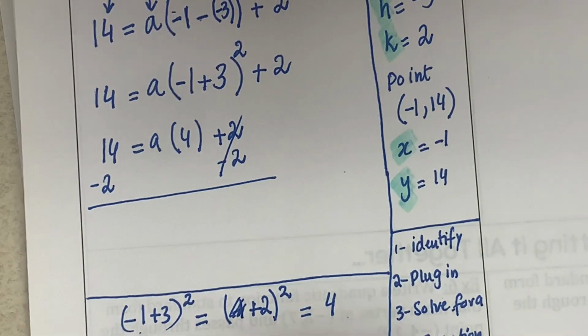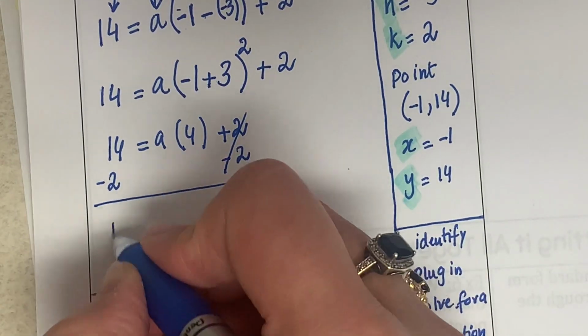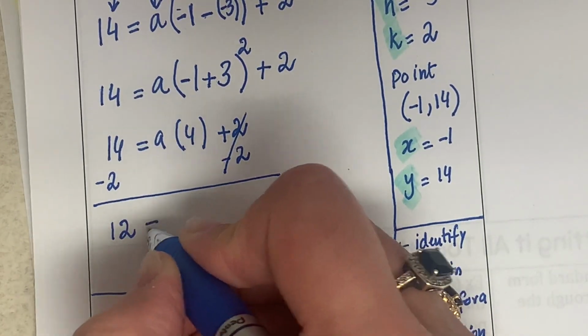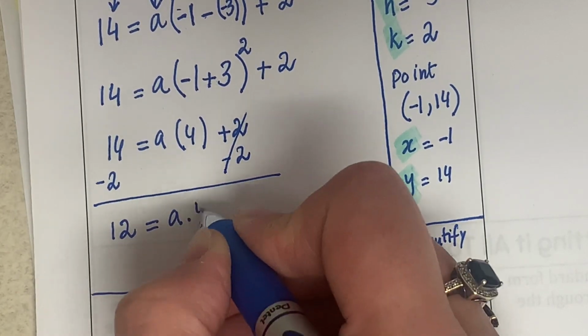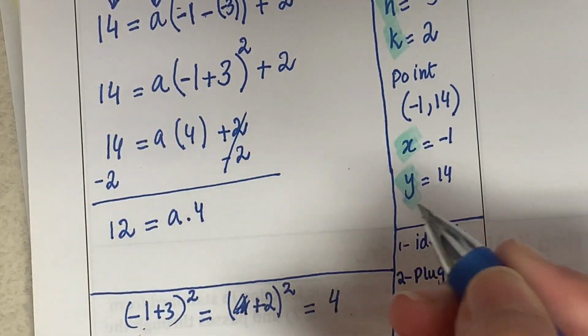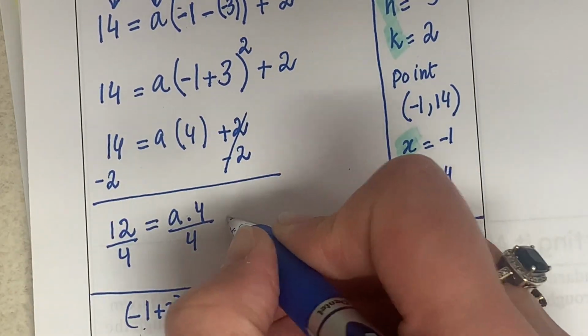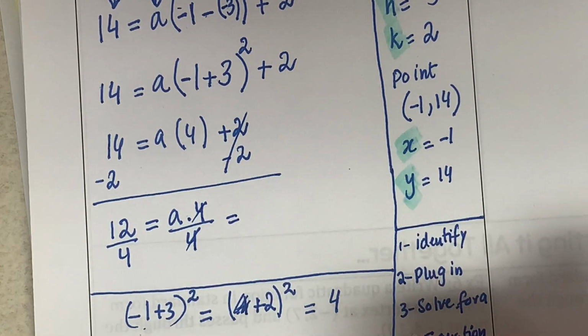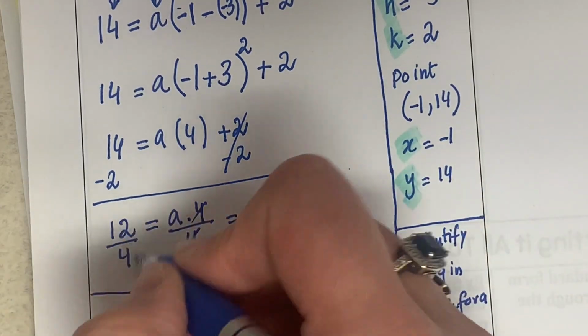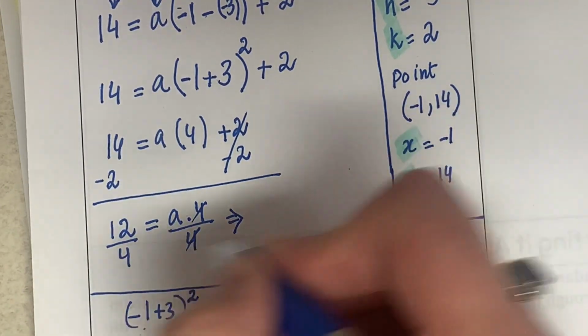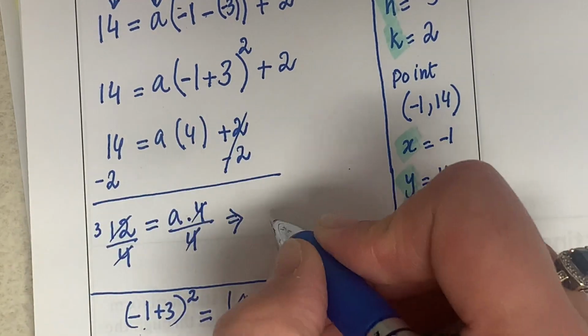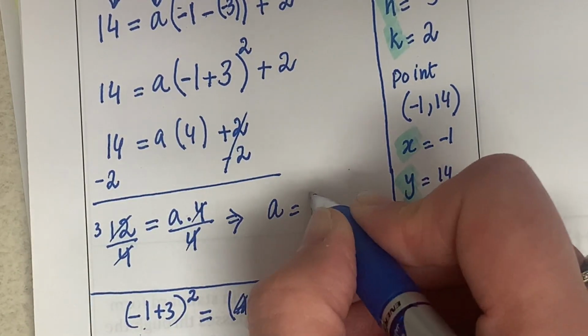That's why I did the opposite. 14 minus 2 is 12, equals a times 4, because parentheses means multiply. Now the next step is you divide by 4 on both sides. 4 cancels 4, and 12 divided by 4 is 3. So a is equal to 3.